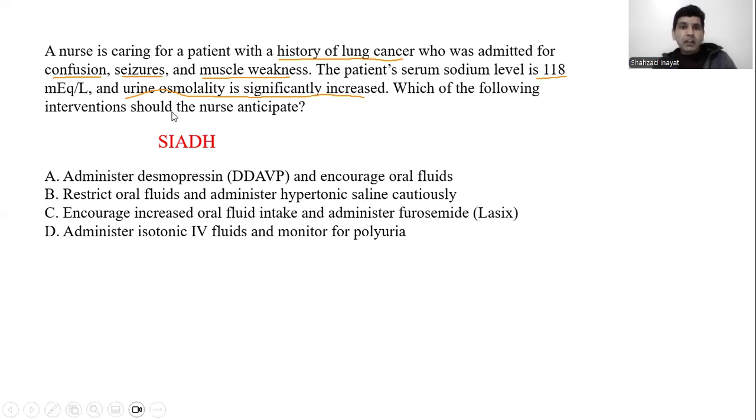Usually what happens, there are two sides in the pituitary. The pituitary has two components. The first one is the anterior pituitary, like I'm just drawing it this way, and the other one is the posterior pituitary. From the anterior pituitary, six hormones are released, and two hormones are released from the posterior pituitary.